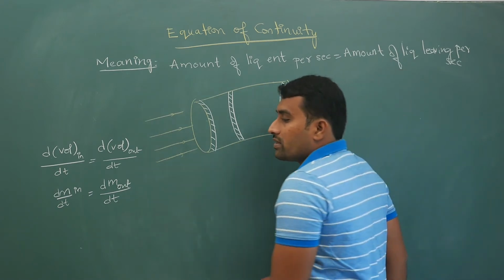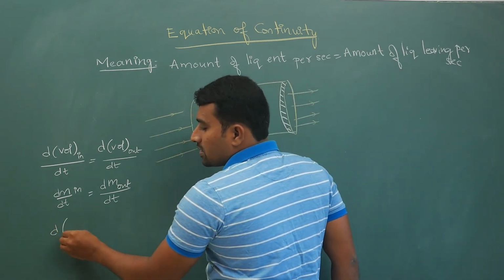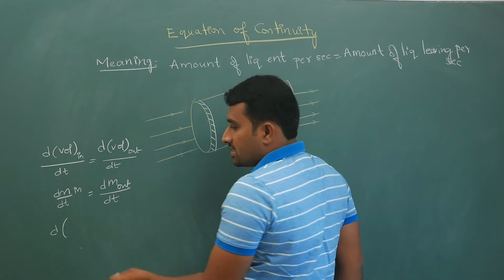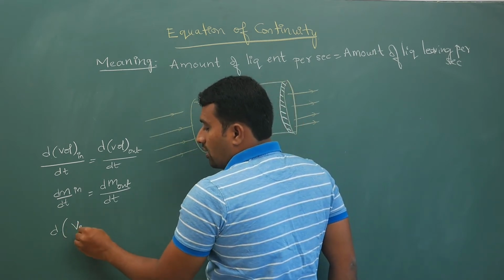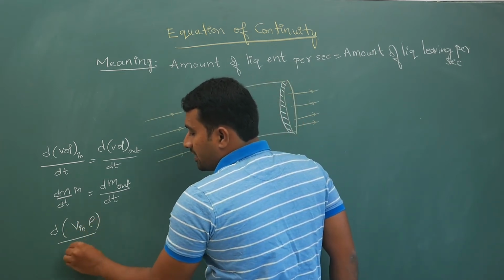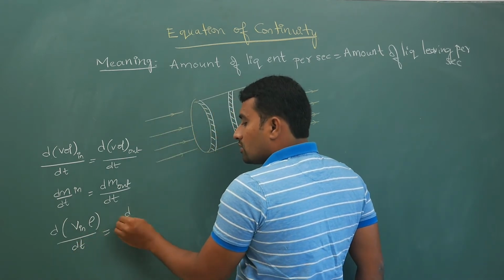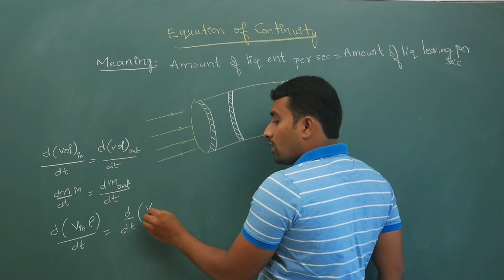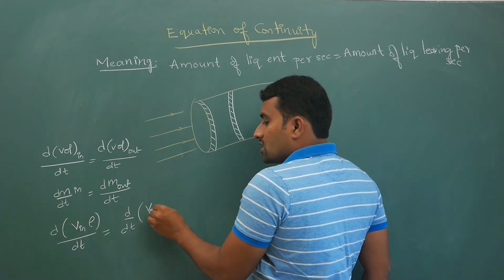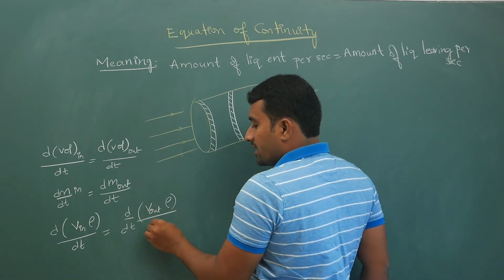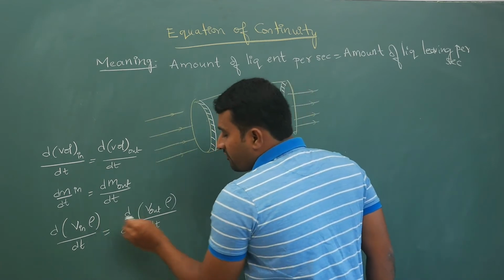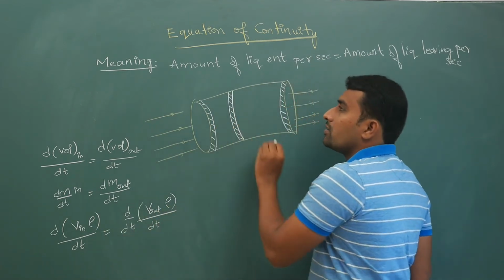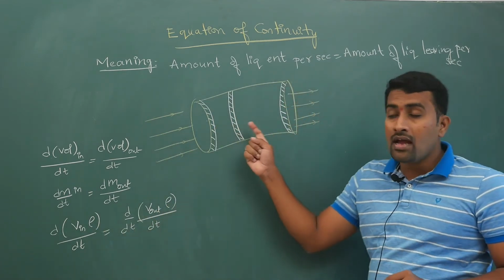But now if you take mass, what is mass? Volume into density. So it is volume into density by dt, equal to d by dt of V out into rho. Indirectly, if rho is constant, if you are using the same liquid, if you are considering an ideal fluid.